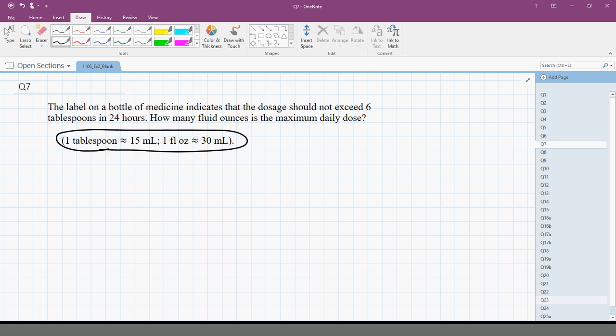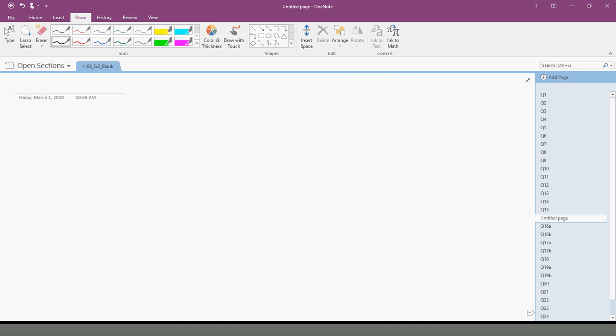We're going to convert 6 tablespoons in 24 hours. And what label do we want in the end? There you go. It's called fluid ounces.